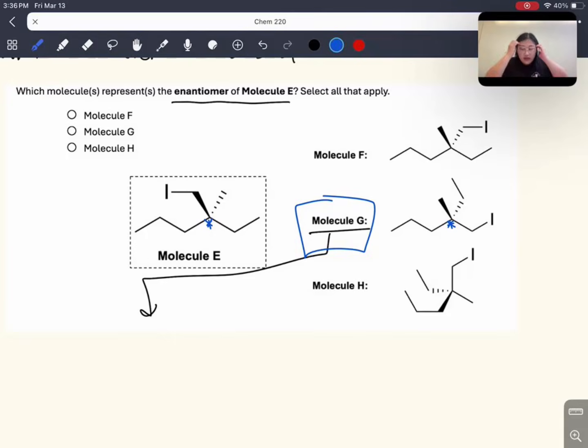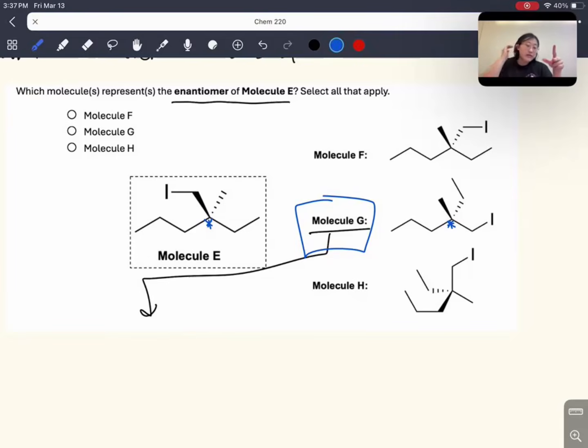In this case I'll use my left hand, and I imagine that the palm of my hand is my carbon, and the three fingers sticking out are each of my substituents. You can also hold up your fingers to look at yourself. So use your left hand.